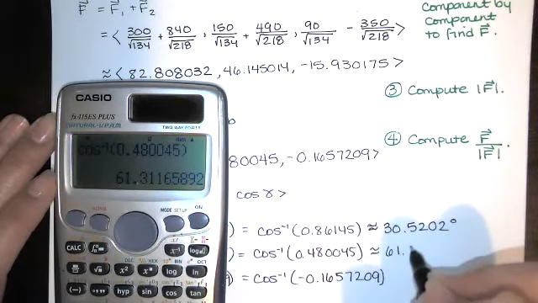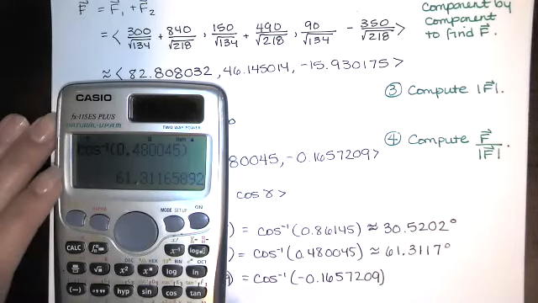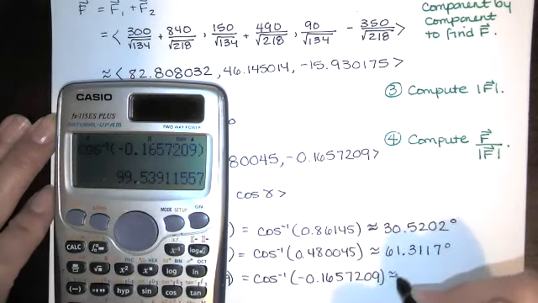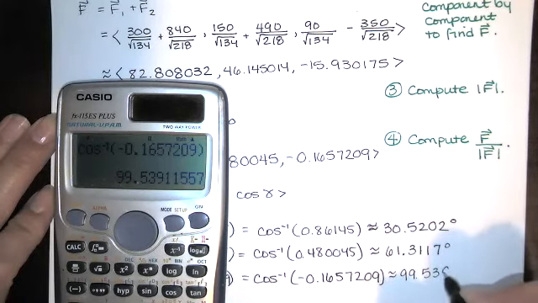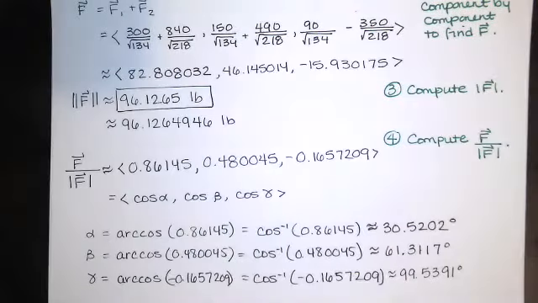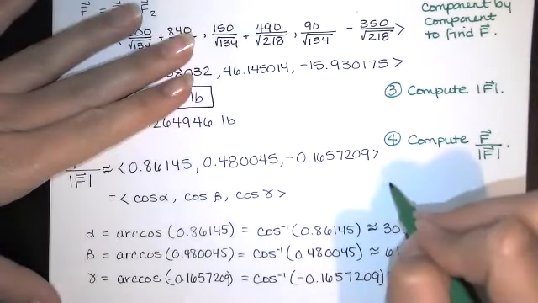And the second angle is approximately 61.3117 degrees. And the last one is approximately 99.5391 degrees. Okay, so what did we do? We computed the unit vector in the direction of f, and that gave us this.